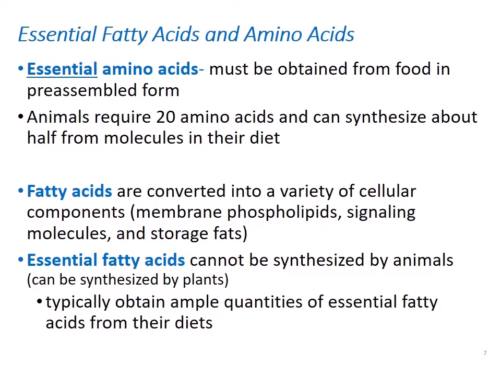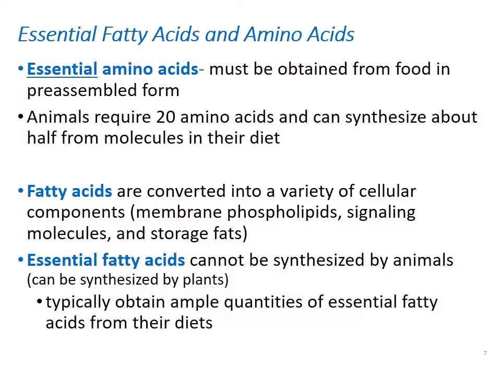Essential amino acids have to be obtained from food. The animal can't assemble them themselves. So animals have 20 amino acids that they need in order to stay alive. And it depends on the animal what they can exactly synthesize, but most of them can synthesize about half, and the rest must come from their diet. Fatty acids then are going to be converted into a variety of cellular components.